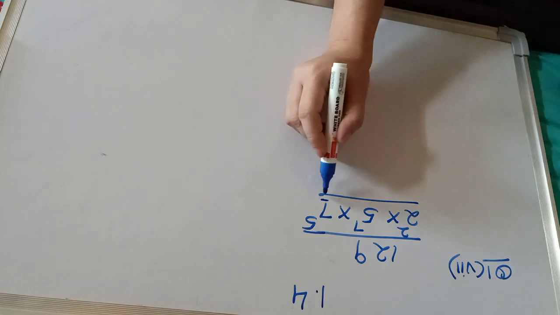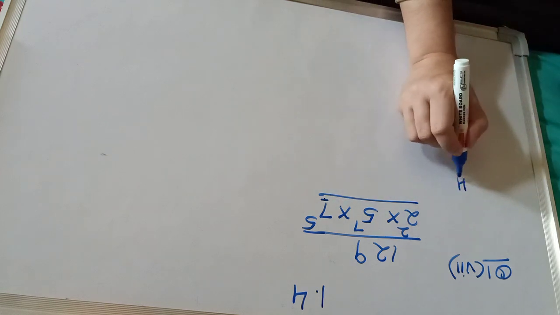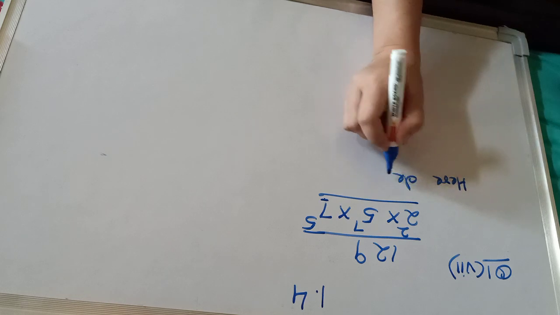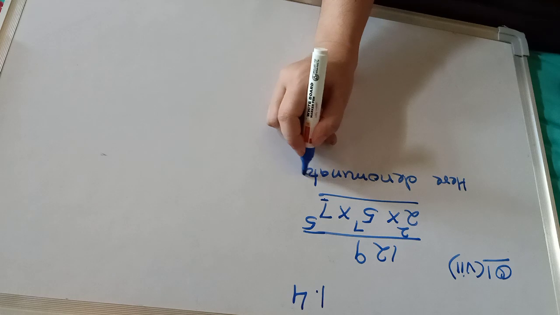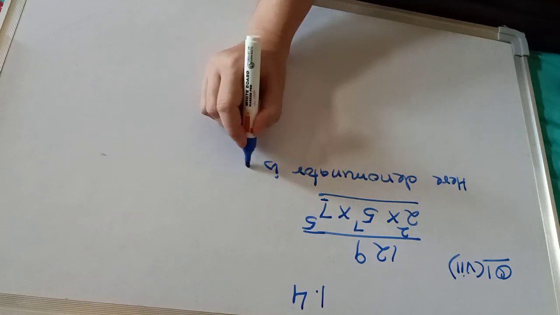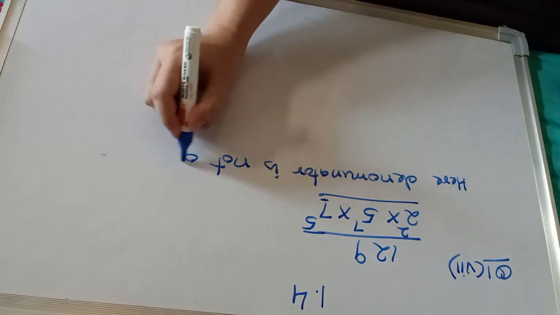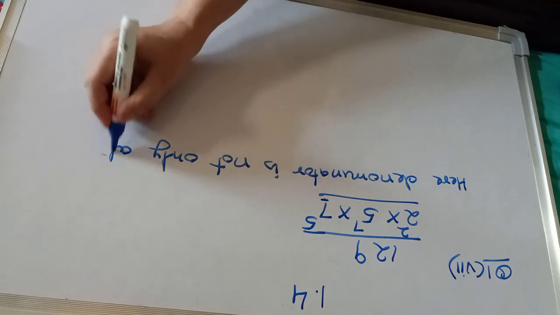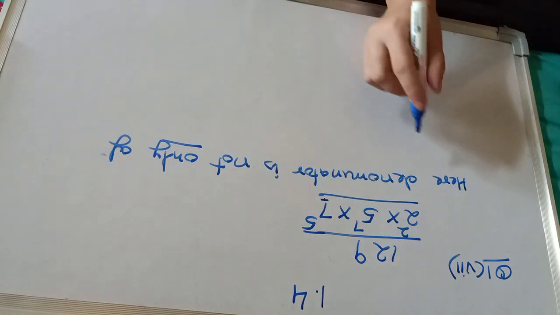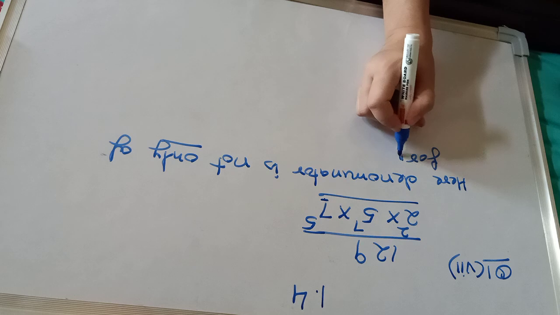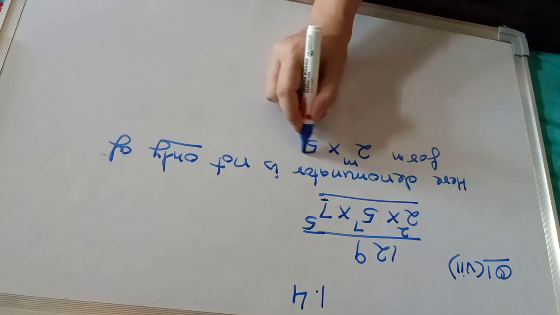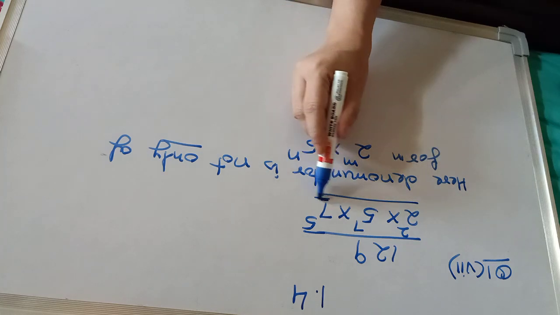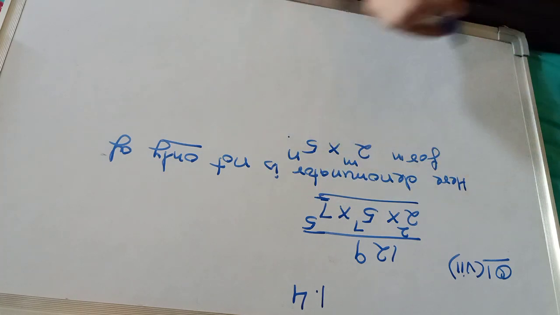So here the denominator is not only of the form 2 raised to power m into 5 raised to power n, as in addition it has 7 raised to power 5.